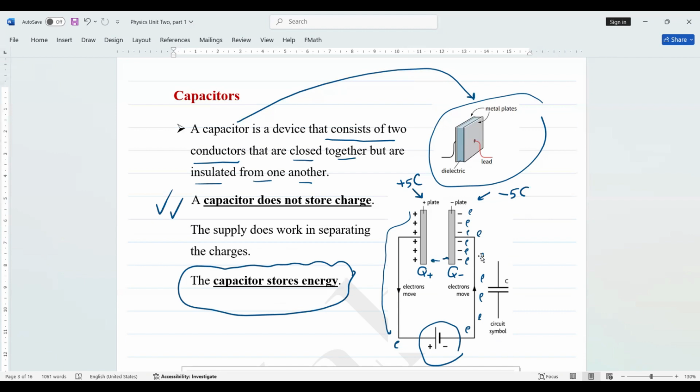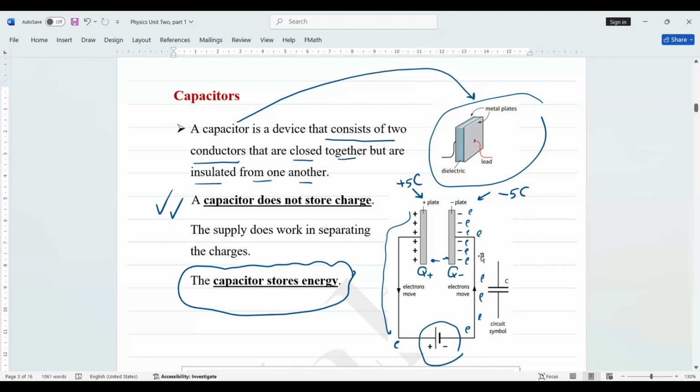Because the charge on one plate is positive and on the opposite plate is negative, the same value but different sign, so the total charge is 0. But work is done to separate the positive away from the negative, and this work done is stored as energy. So the capacitor stores electrical energy but does not store charge.